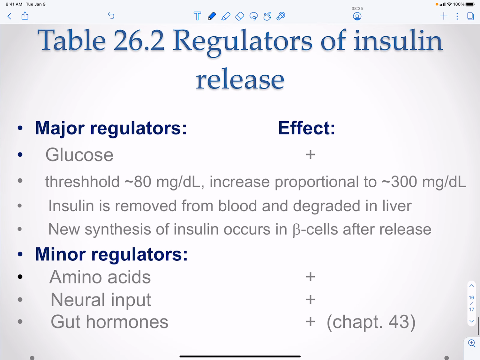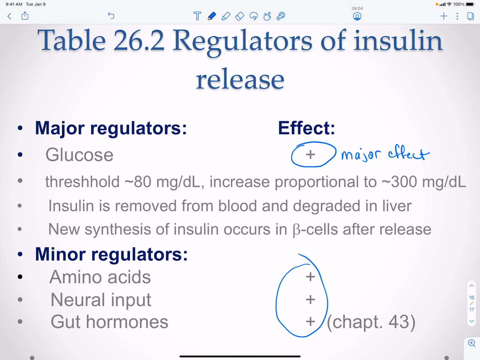All right, so let's just talk a little bit about regulators of insulin. So again, insulin is going to be released if there is glucose present. So this is a major effect. And then minor regulators are going to be amino acids. You'll get a slight spike of insulin. You're going to have some neural signals that help to coordinate insulin release.